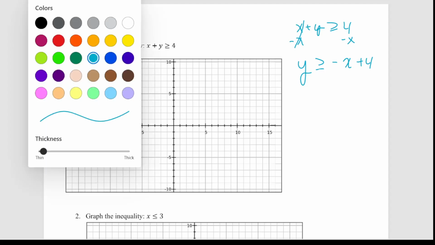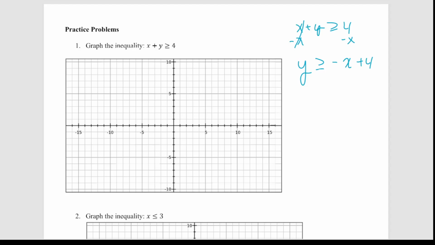Then I want to go ahead and actually graph this. So in terms of graphing this, we're going to start at (0, 4) on the y-axis, since that's our y-intercept. Then our slope this time is negative 1, because a negative in front of the x is the same thing as being multiplied by negative 1. So I'm going to move down 1, right 1, or up 1, left 1.